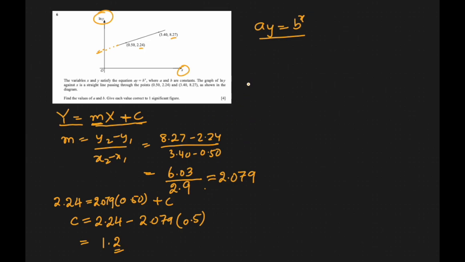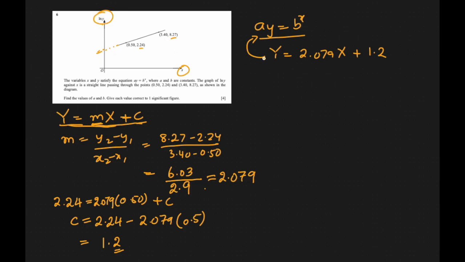So this equation which was here becomes Y equals 2.079x plus 1.2. Now I have to convert this into this format, and how can I do that? I will write the actual ones down.